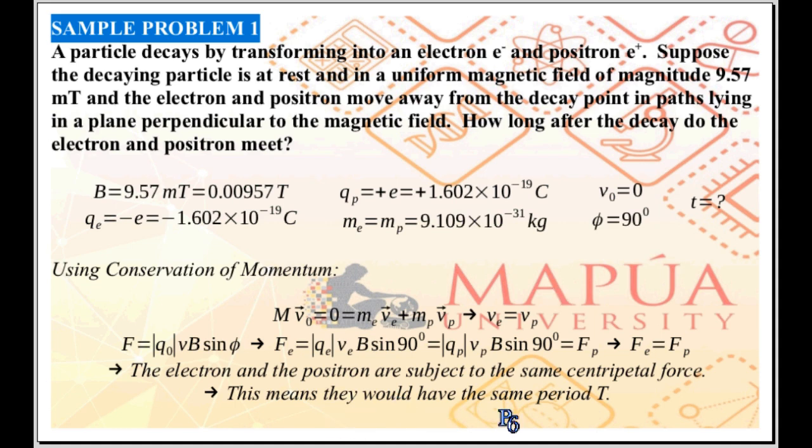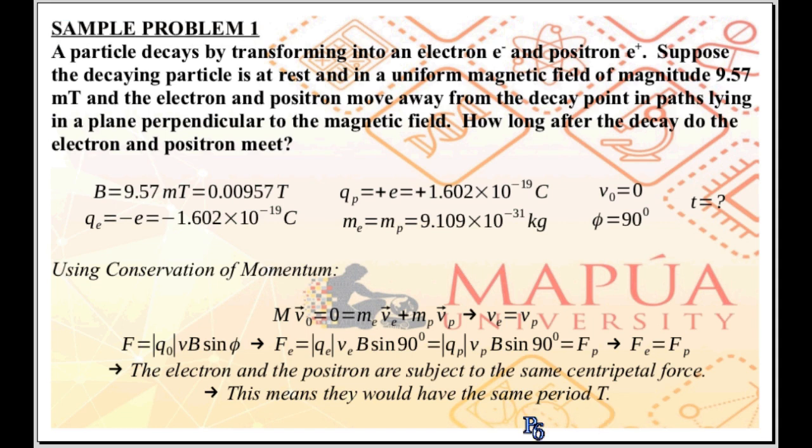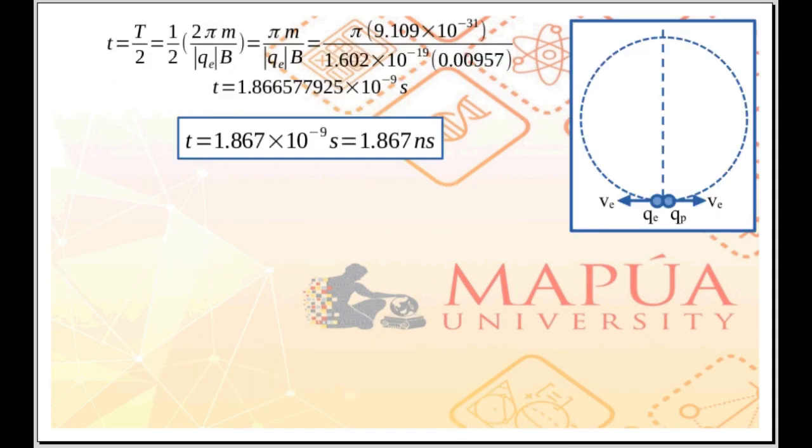They have the same period, which means the two particles will meet on the opposite side of the circular path. They will meet halfway in their circular motion, which means the time it will take for them to meet will be half of the period.